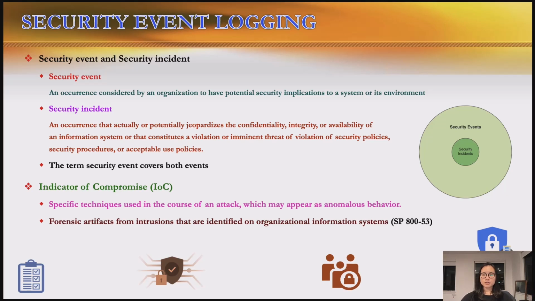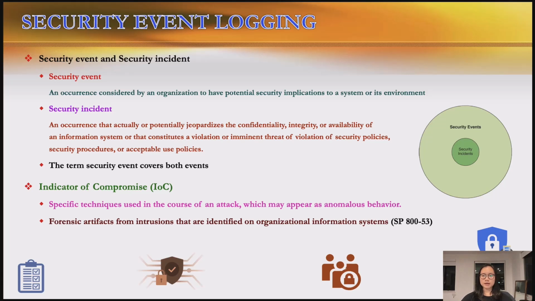On the other hand, security incident refers to the occurrence that actually or potentially jeopardizes the confidentiality, integrity, and availability of the information system or the information that the system processes, stores, or transmits. It also indicates an occurrence that constitutes a violation or imminent threat of violation of security policies, security procedures, or acceptable use policy. As shown in the figure on this slide, the term security event includes both events and incidents.